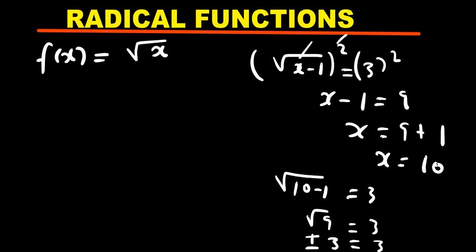In this case, you only want 3, right? The negative one, you're not going to get it because it will not be a solution. Why? Because you don't want a negative number. So you only have your solution set to just be 3, not a negative, even though the square root of 9 is positive or minus. So this is how you solve radical equations.